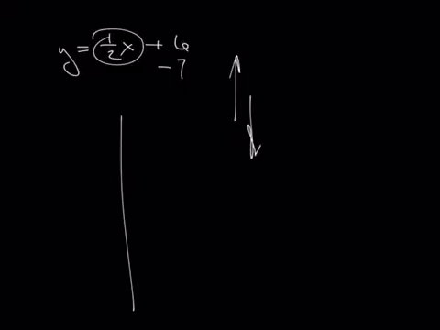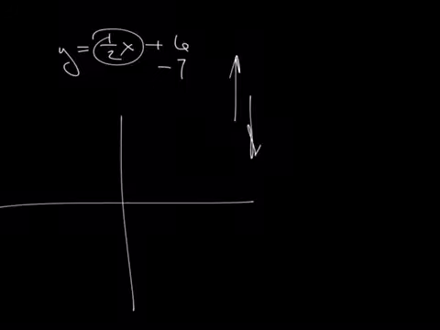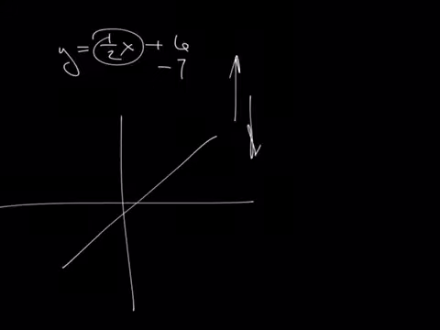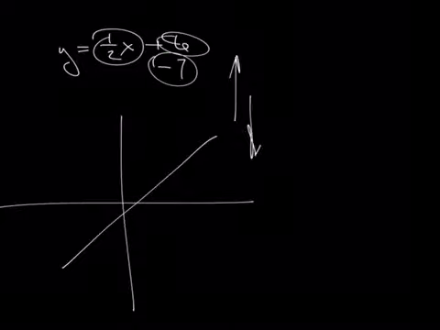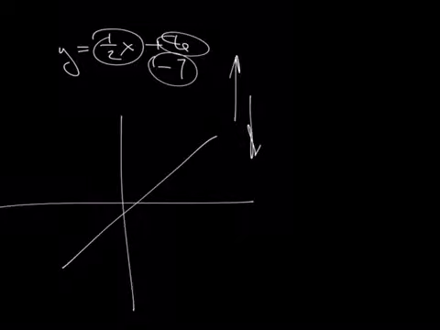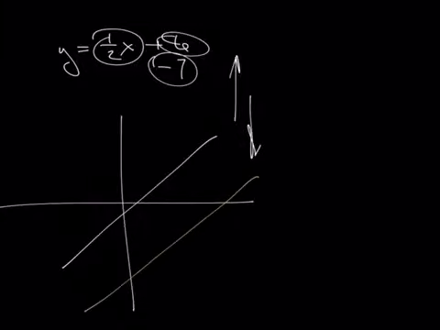So if I have a graph and when I graph it, I get maybe this line here. If I add or subtract a number, it may move this graph down here, may move it up there. But that's all it does, it shifts it up or down on the graph. It doesn't move it left or right. Doesn't move it on an angle. It just moves it straight up or straight down. And when it does that, it's called a vertical translation. It moved it up or down in a vertical way.